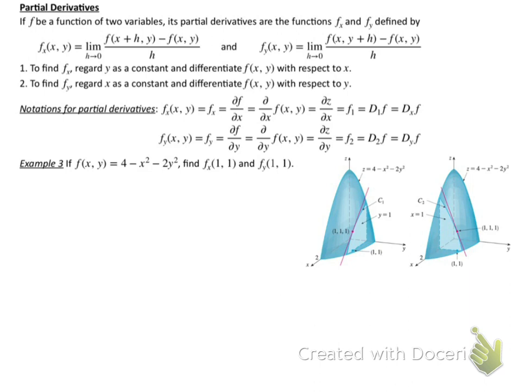Partial derivatives are pretty much the derivatives of functions, so of course they are useful, they are important, but also because of that, you have a lot of notations for the same thing. As you can see here, they all mean the same thing, the partial derivative. So fx, or f partial x.